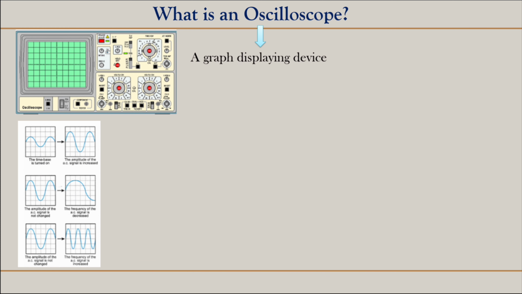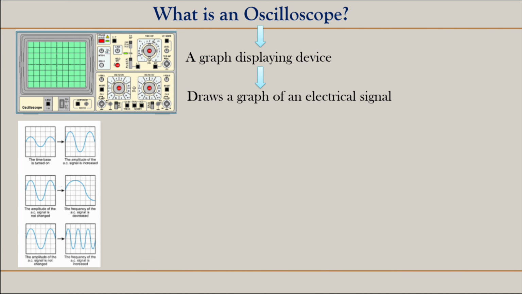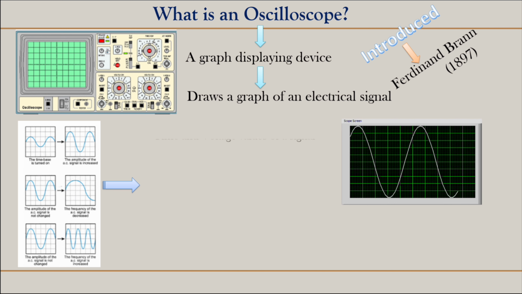So, oscilloscope is basically a graph displaying device, that is, it draws a graph of an electrical signal, and it was first introduced by German physicist Ferdinand Braun in the year 1897. This simple graph can tell you many things about a signal. For example, you can determine the time and voltage values of a signal.